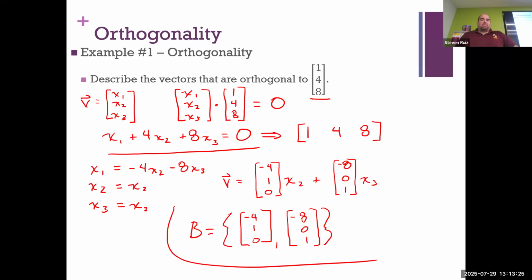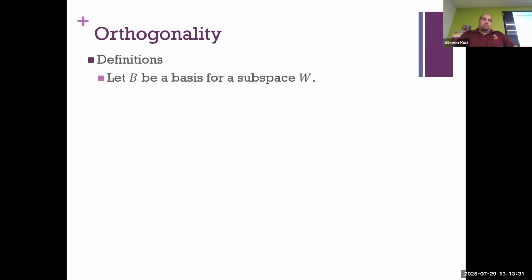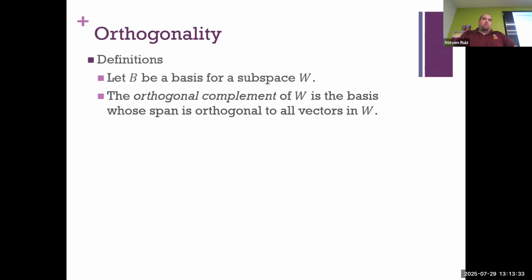Any questions on how we built this? Okay. So what we just found is something called the orthogonal complement. If you have a basis for some subspace, then the orthogonal complement is basically the basis for all the vectors that are orthogonal to it.